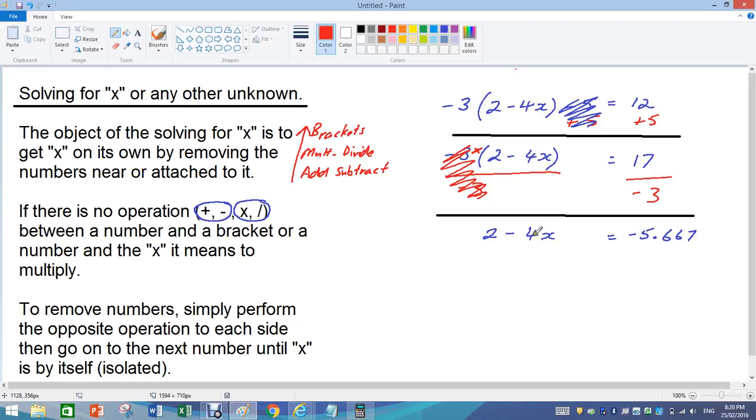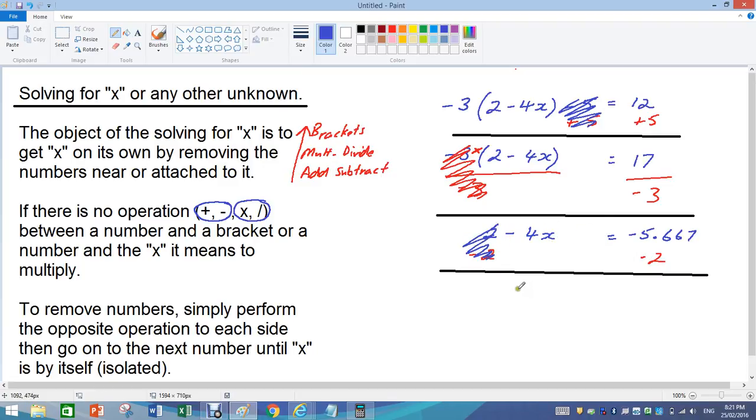The next step. We can't get rid of the 4 yet because it's attached to the x, which means it's times. There's just a lone number sitting here, 2. So how do we get rid of a 2? We take it away. And then take away 2 again on that side. Okay, 2 take away 2 is nothing.